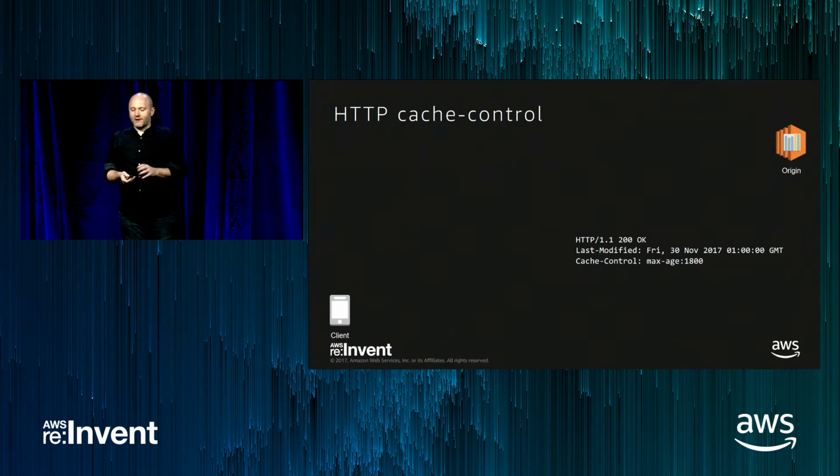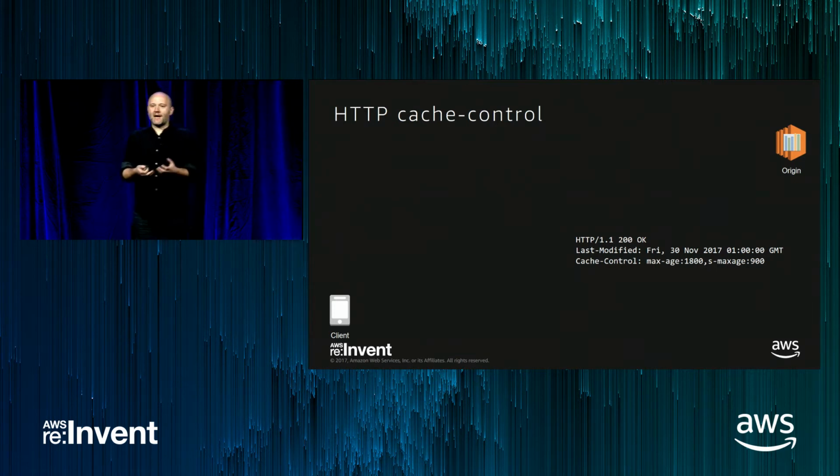There's a few other directives that you can also add. Another one that's very similar to max age is called smax age. The S stands for shared. So what this is saying is the max age is for the client. Smax age means shared cache.